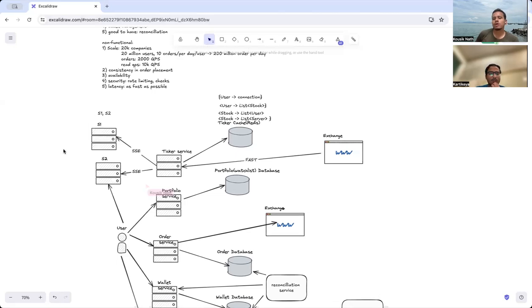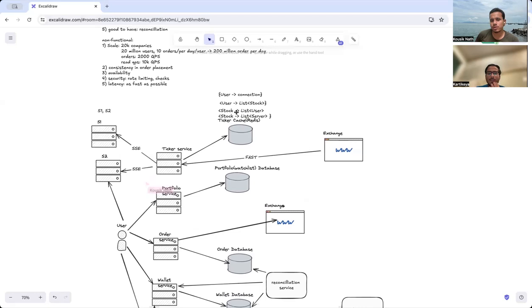Hold on, I'm getting a little confused here. First of all, we are not talking about scaling the Redis part here. We're just talking about how efficiently you figure out what data to send to S1 or S2, right? Yes. So instead of sending per-user data, you just send a list of tickers, which will eventually serve those users.